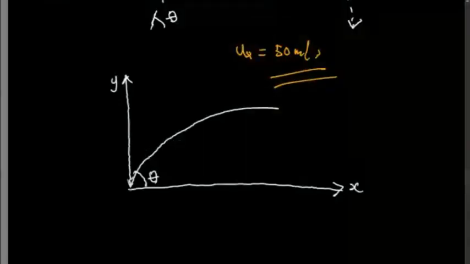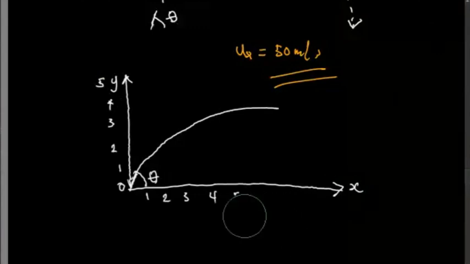When you launch a projectile at an angle, you see the value is increasing. Let me put some values here. Let's say this is 0, 1, 2, 3, 4, 5, for example. And then here you have 1, 2, 3, 4, 5, 6, 7. In fact, forget about this. Let's focus on the vertical component.